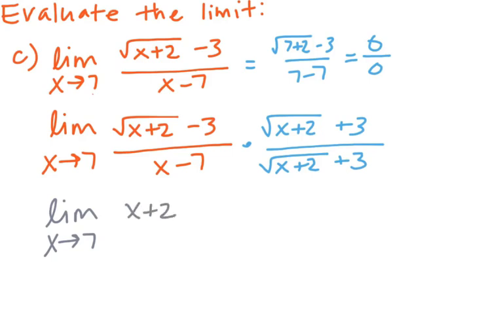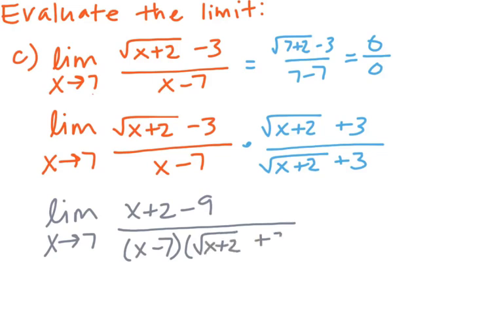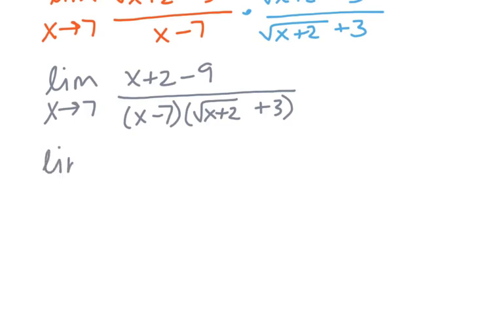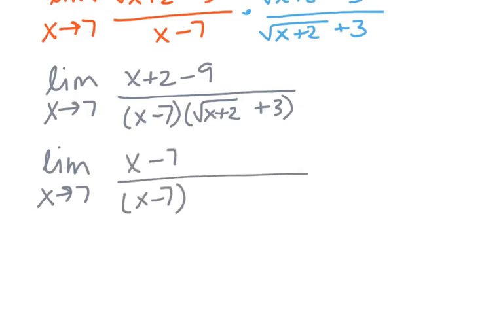So x plus 2, and then a minus 3 times a plus 3 would give me a minus 9. Then our denominator would kind of be ugly, but usually something would cancel out for us, so we definitely would not distribute anything. And if we clean this up, we see that x plus 2 minus 7 can just be written as x minus 7, which nicely cancels out with what's in the denominator.